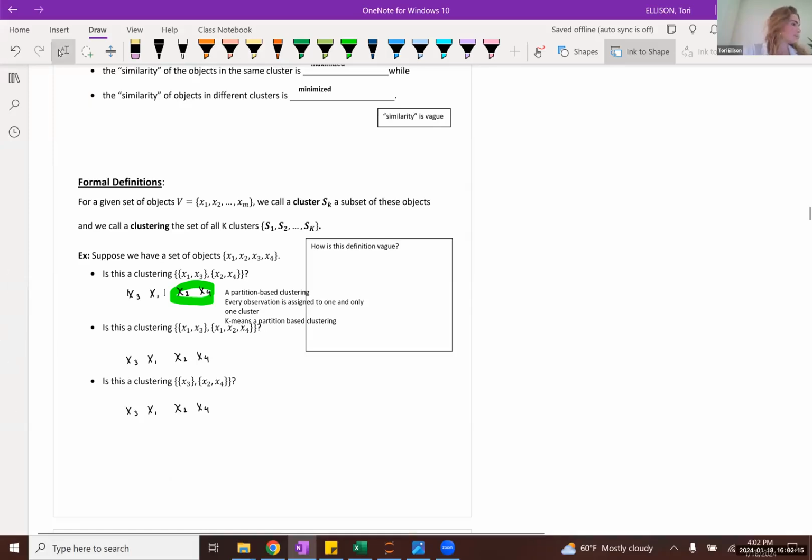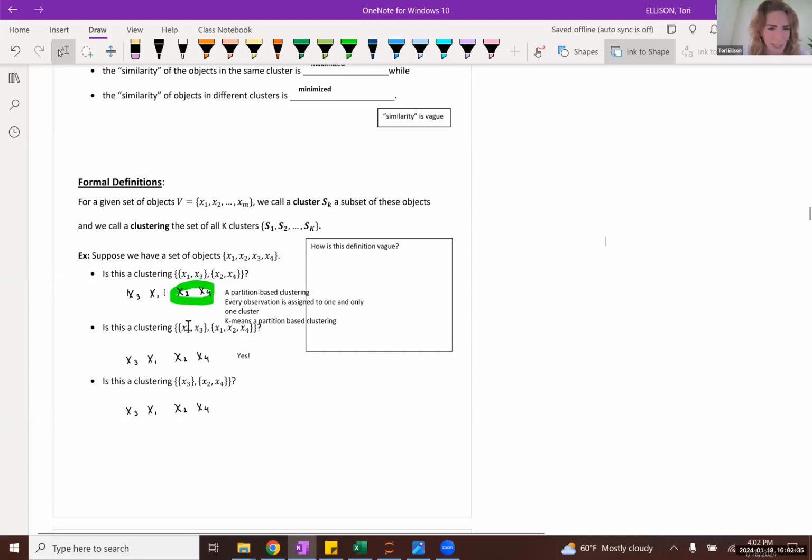I'm seeing mostly no, but simply based on this very vague definition that I've given you, the answer is actually yes, this does fit the definition that we were given.